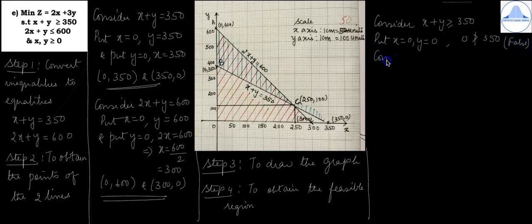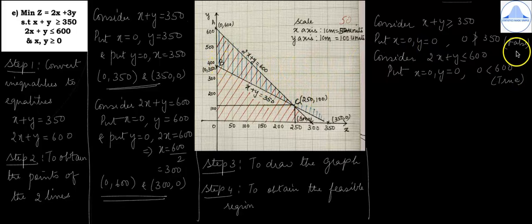Then take the other inequality, that is 2x plus y is less than or equal to 600. Put x equal to 0, y equal to 0. So you have 0 and then 600. Check whether 0 is less than 600. It is less than 600, so you'll write true. So for the first inequality it is false, and for the second the condition is true.